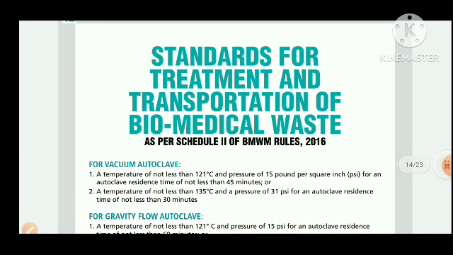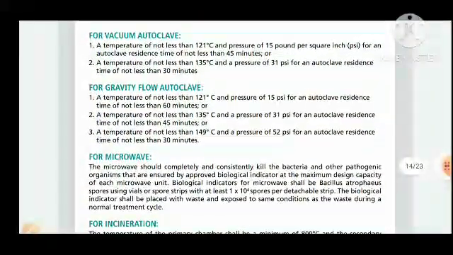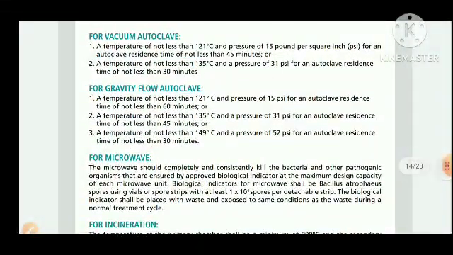Now there are some standards for treatment and transportation of biomedical waste as per Schedule 2 of the Biomedical Waste Management Rules. So this we are going to see in the next video. Okay, what is Schedule 2 and the standards for the treatment. Here some less information is given, even though we should cover it. So the very first one is the vacuum autoclave.